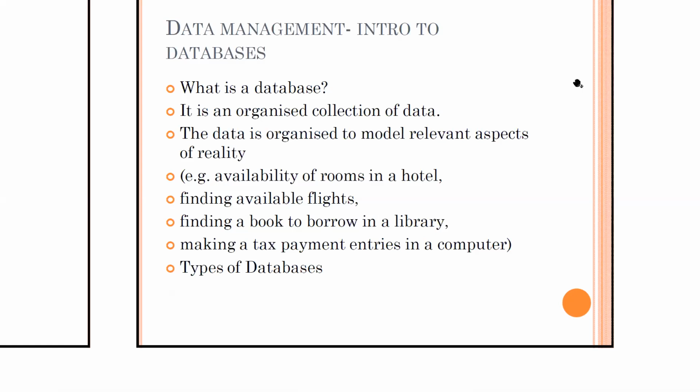Data is organized to model relevant aspects of reality. And so what is reality? Reality is what we see in the real world, what is going on around us. People are traveling. People go to a library to borrow books.